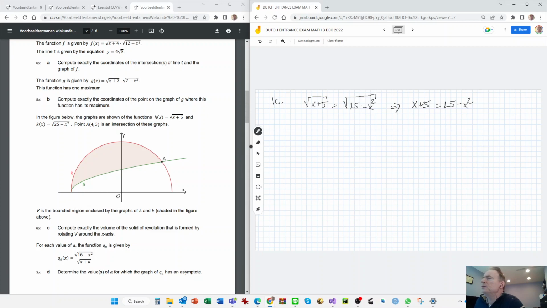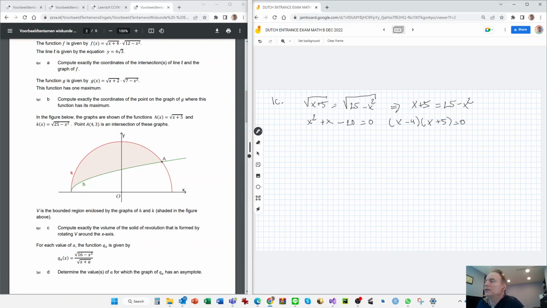And this means x squared plus x minus 20 equal to 0. So (x minus 4)(x plus 5) equal to 0.